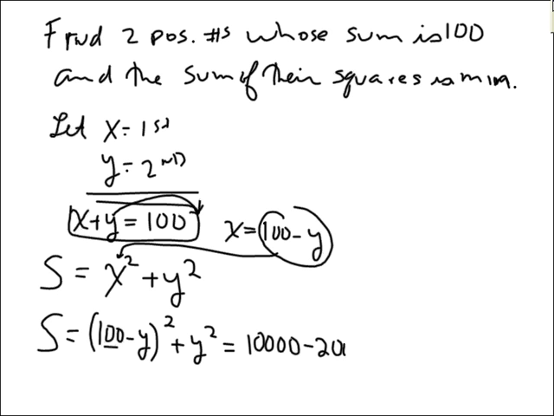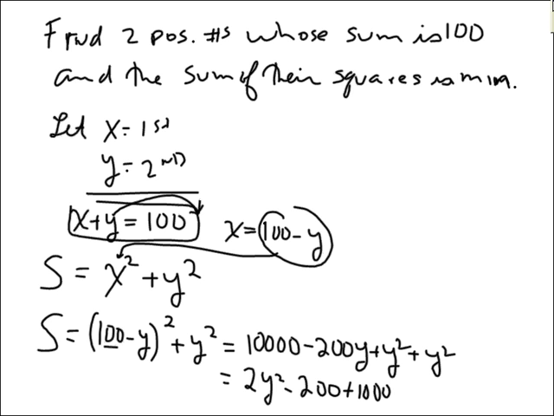Minus 200y plus y squared plus another y squared. We get 2y squared minus 200y plus 10,000. And I want to know when this is the least.